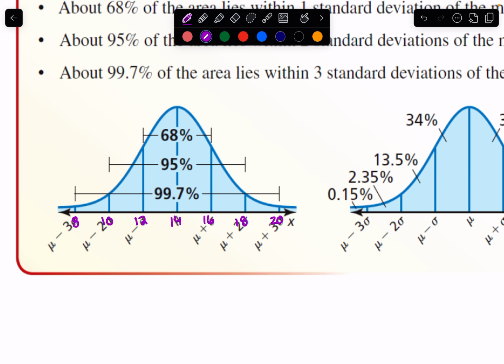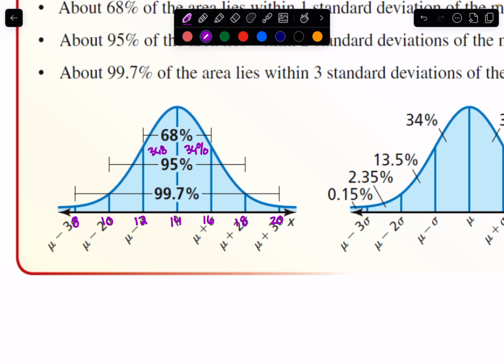Now, not evenly to each other, but the section of the chart above the average, that first section, is always going to have 34% of the data. The section to the left of the average, this section right here, is 34% of the data.